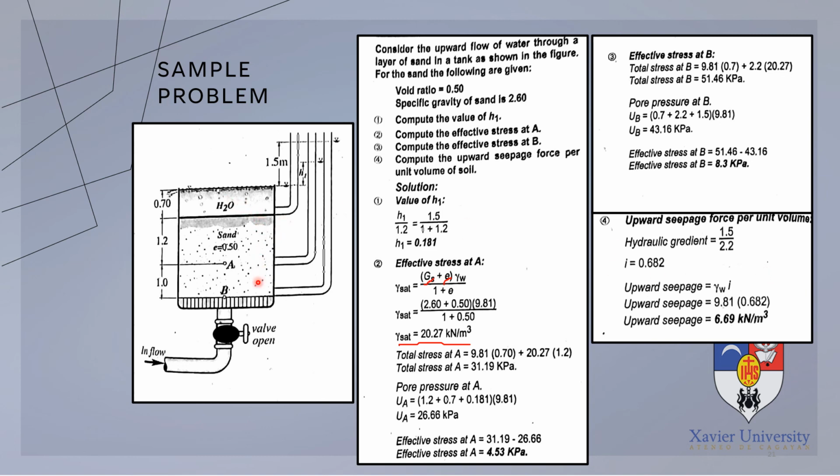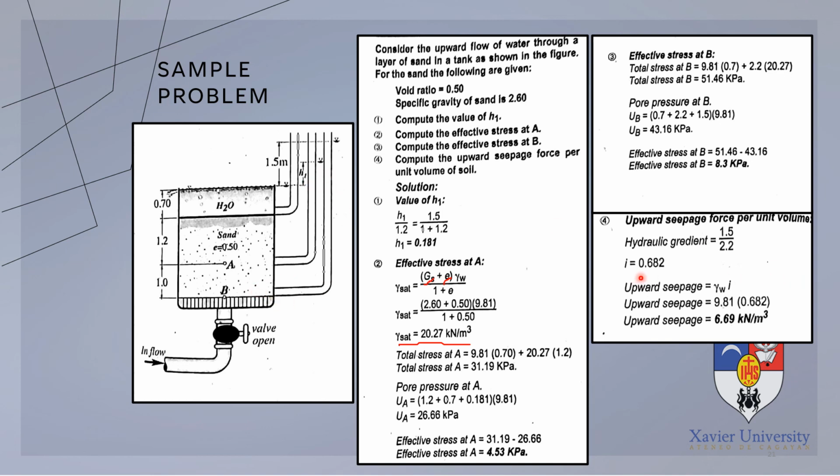That is equal to 1.2 plus 1, since this is where our water flows. So this is the length of the flow, and the rise of the water, which we can obtain from the piezometer, is equal to 1.5.